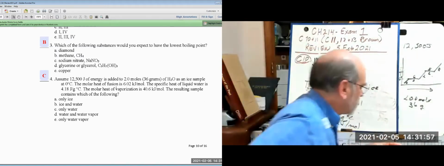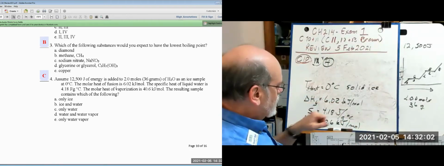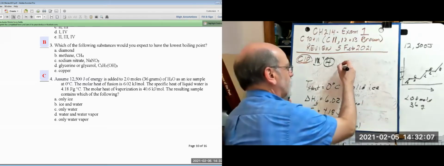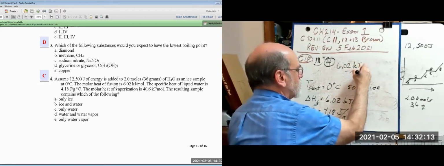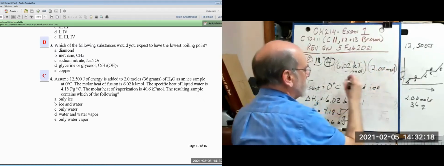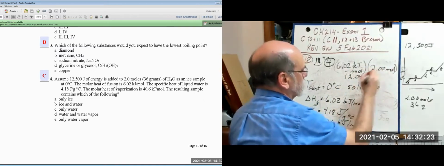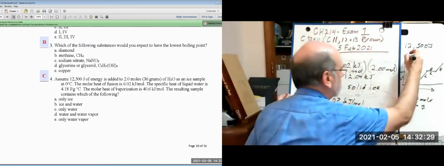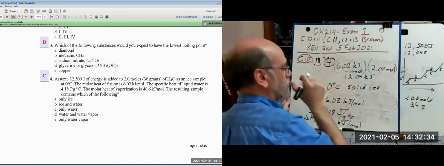All right. How much energy does it take to melt that ice? Well, we've got this many kilojoules per mole, but we've got 2 moles. Right? So 6.02 kilojoules per mole times 2 moles means 12.04 kilojoules, which is 12,040 joules.